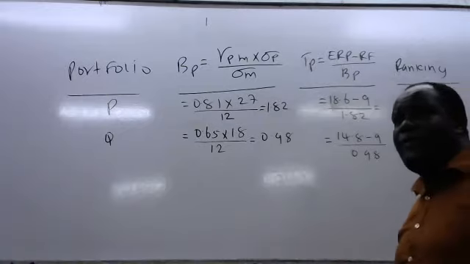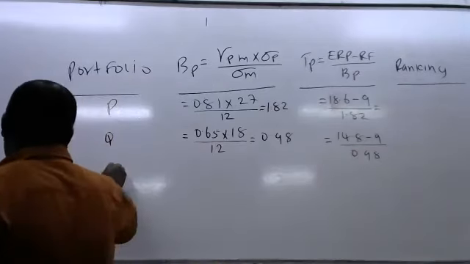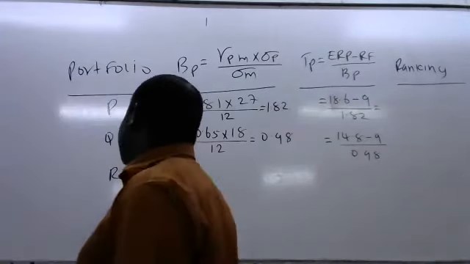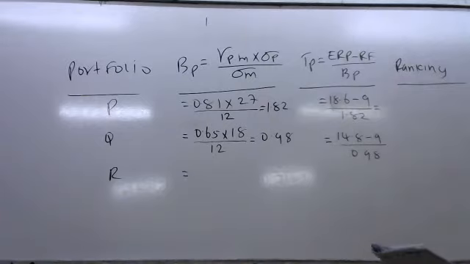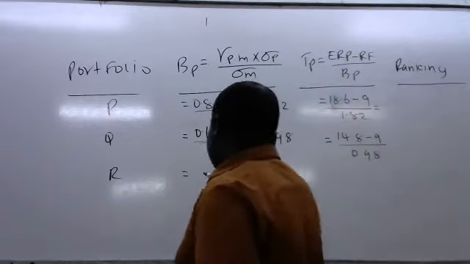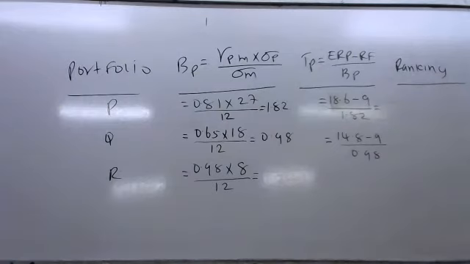We got the next one, which is supposed to be R. Check the next one. For R, the correlation coefficient with the market return is 0.98, multiplied by the standard deviation of that portfolio, which is given as 8, and then 12 remains the same for the market.